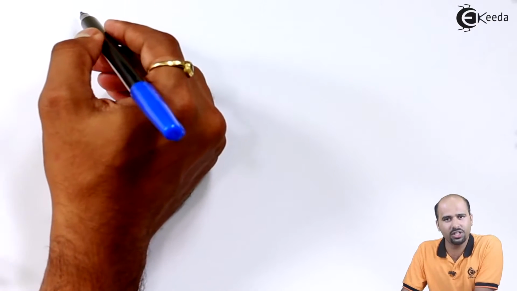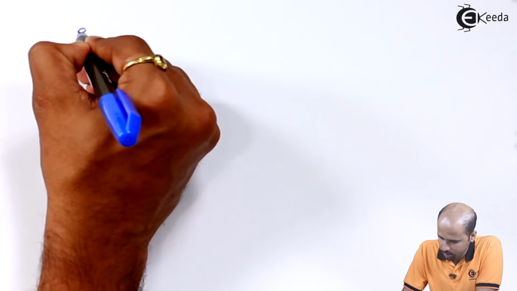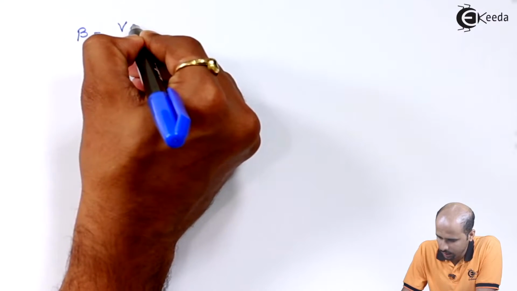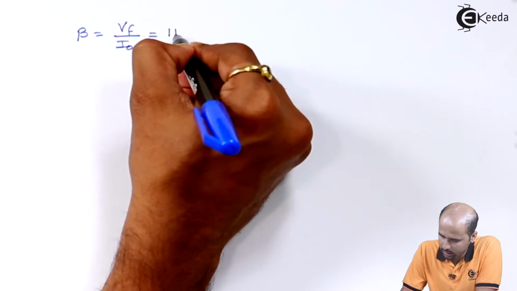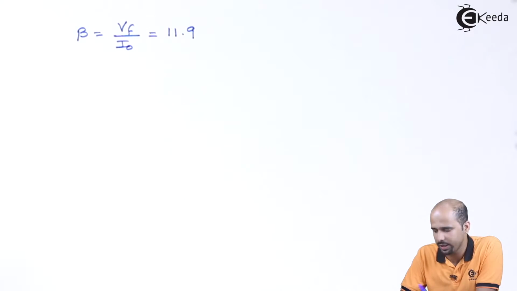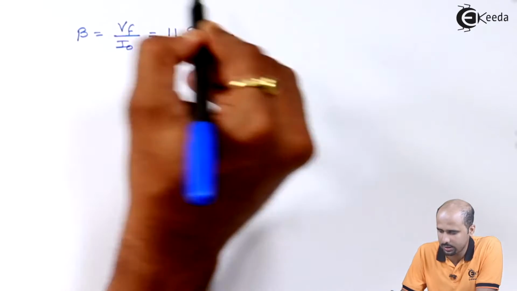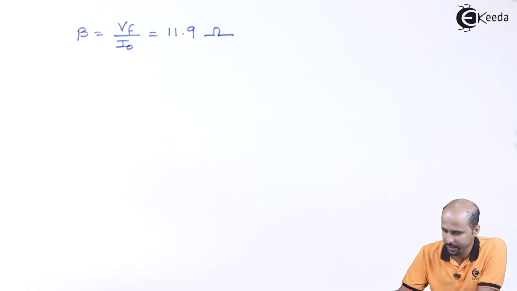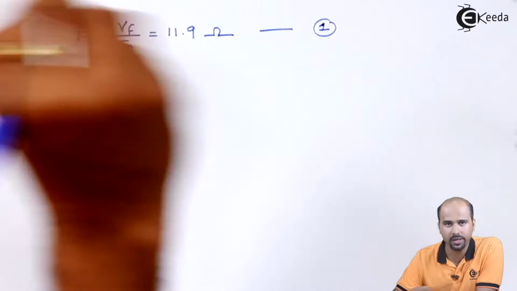By just putting the values of RE2, RE1 and RF, we'll get the value of B, that is VF divided by IO, which is equal to 11.9. And as it is a voltage by current ratio, I will put the unit as ohm. Keep this as equation number 1.